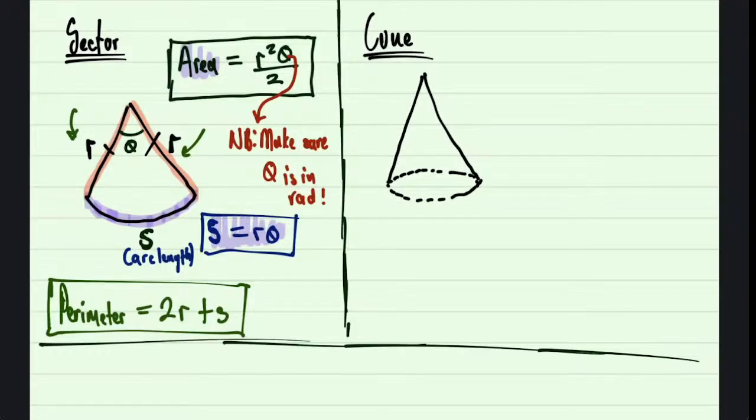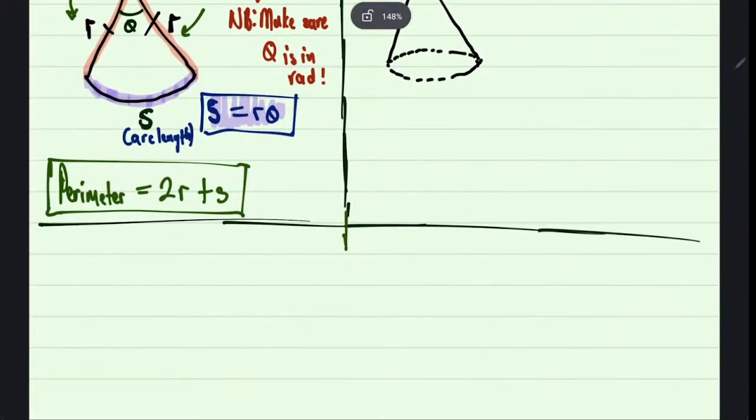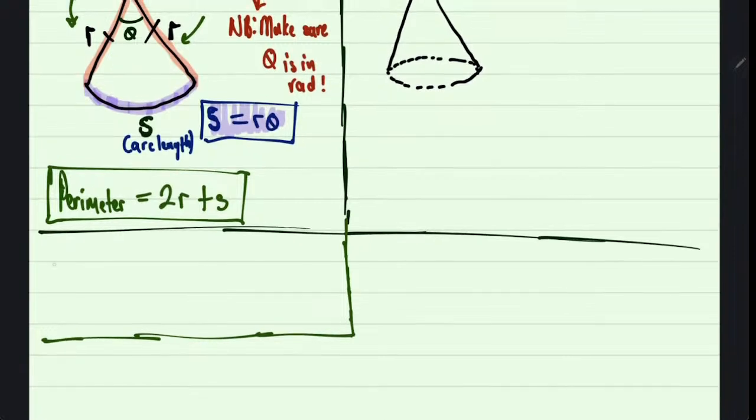Now, what is going to be hard is that you should always use theta when it is in radians. And sometimes they will give you degrees here, or sometimes they'll ask you to find theta in degrees. So you must know that when you want theta in radians, you have to remove degrees.